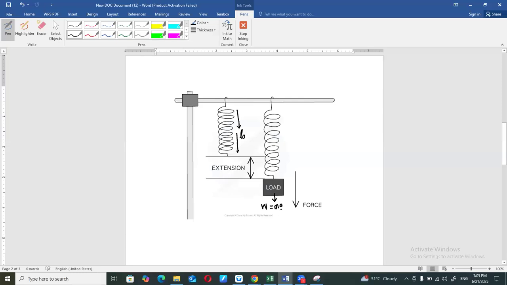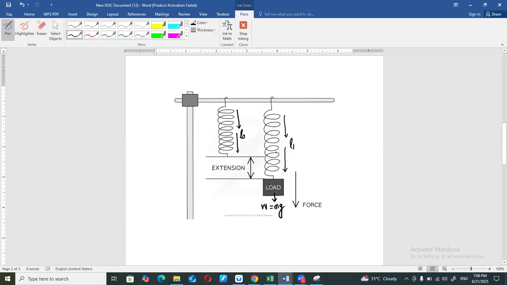That is the weight acting in the downward direction. As soon as the weight is applied, the spring will be stretched, or expanded, and let's suppose the new length of the spring is L1.